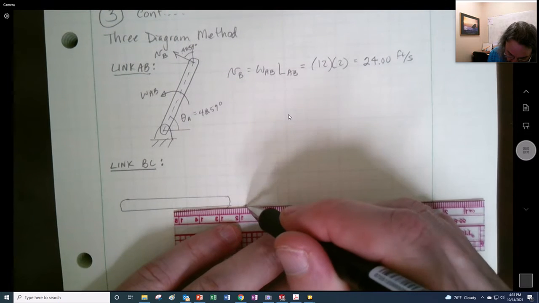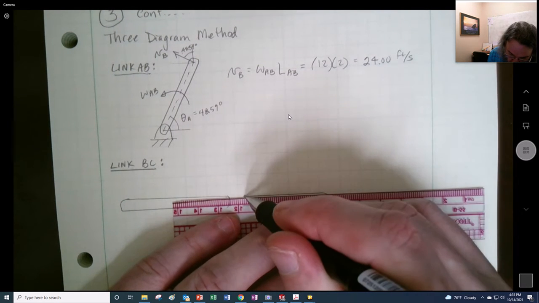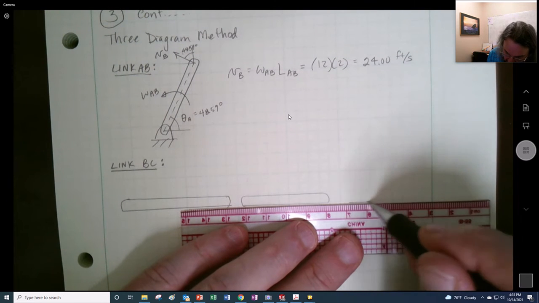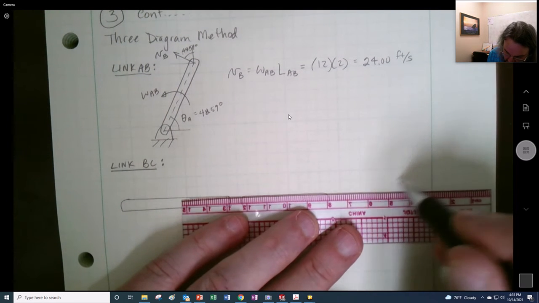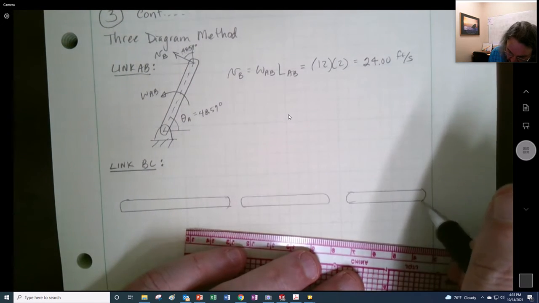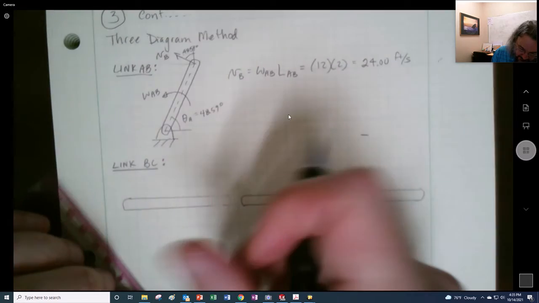And I need to draw them 3 times, so I'm going to make that other one smaller, just to fit it onto there. Let's make this one smaller. Okay.